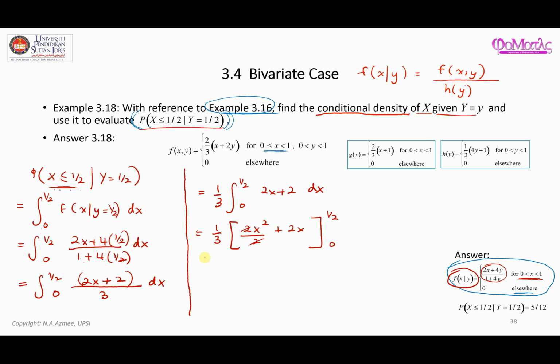Next, we substitute the limits. 1 over 2 into this one gives 1 over 4, and 1 over 2 with 2 gives 1. Substituting 0 gives 0, so we really don't have to do much. So 1 over 4 plus 1 gives 5 over 4. Then 5 over 4 times 1 over 3 is 5 over 12. So the answer is 5 over 12.